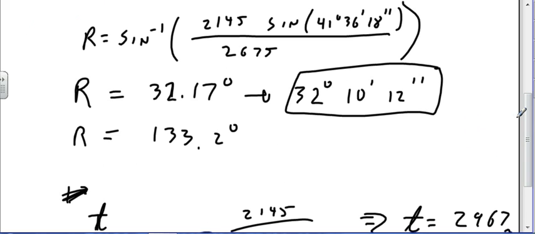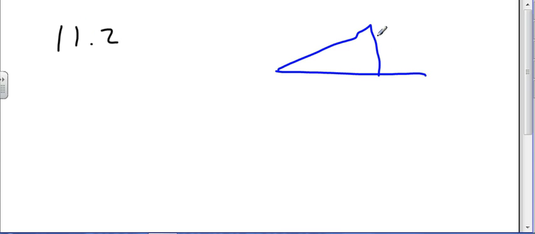Okay. So in the next set of problems, there is the possibility of there being two answers. Isn't life wonderful? So now we're in section 11.2, and we're saying, well, if I know something, I could have two answers. I could have one going this way, one going that way.